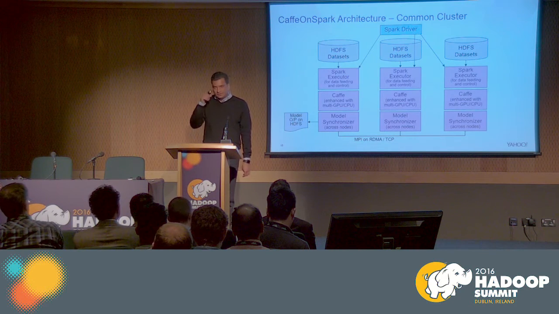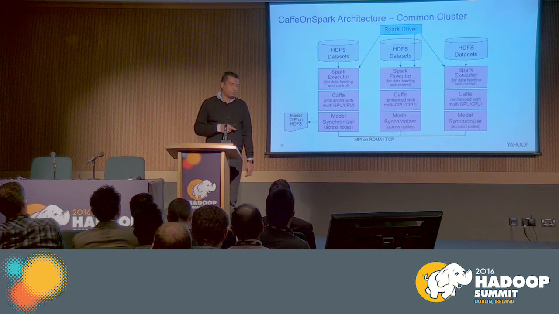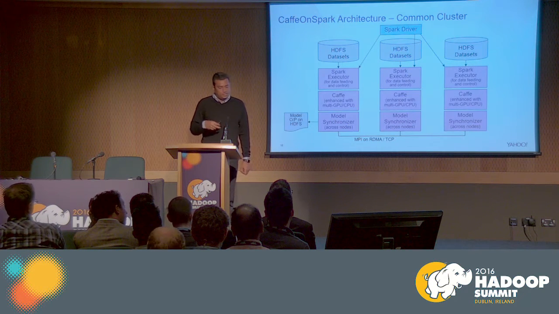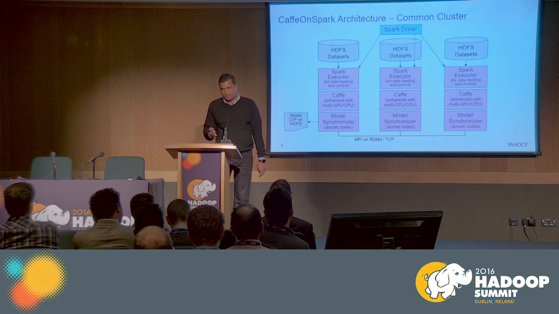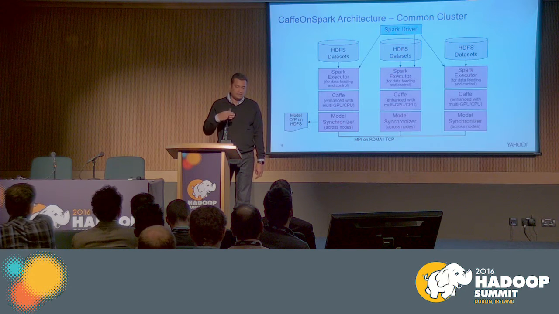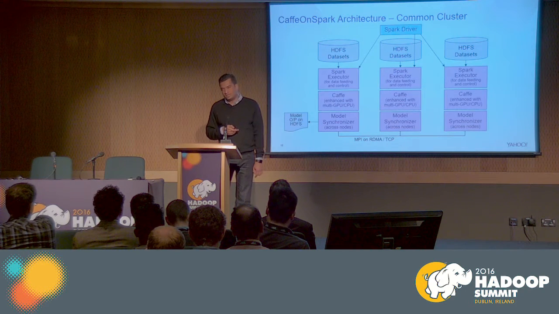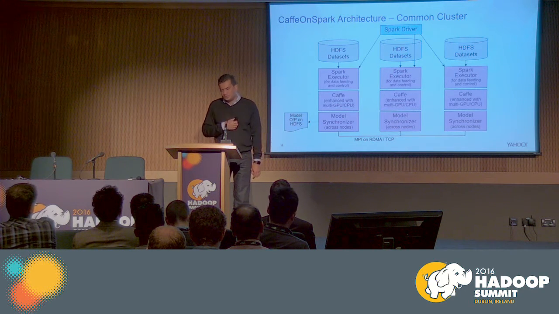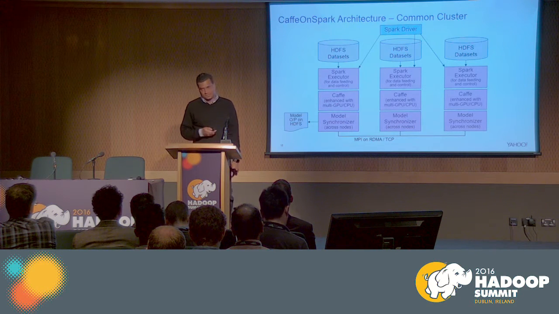So that communication was important for scale. And then you could put the output model back on HDFS again, and then run MLlib or other things on top, or we have a homegrown solution for logistic regression, so you run logistic regression on top of that.